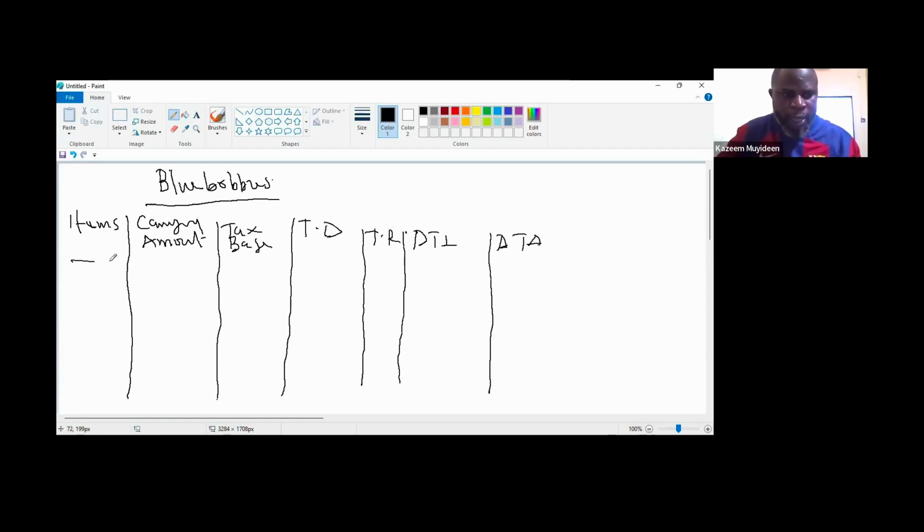So I underline. Good. So with this, I will now start reading.